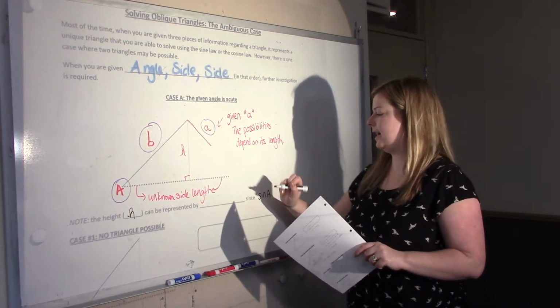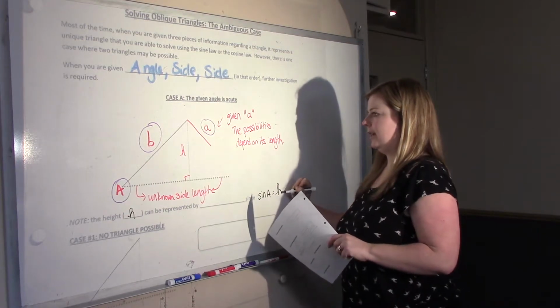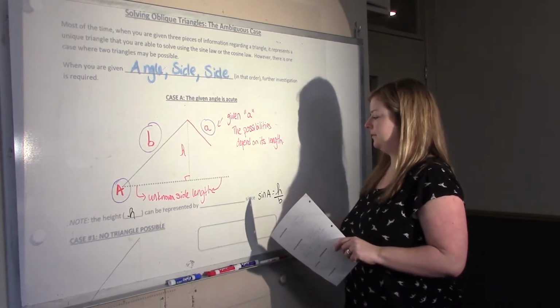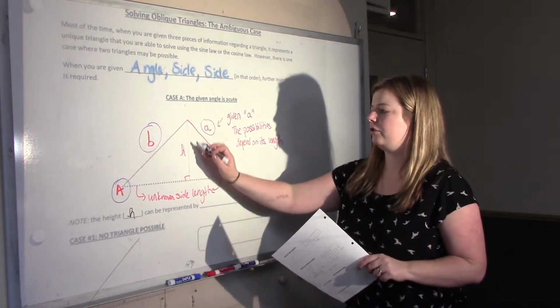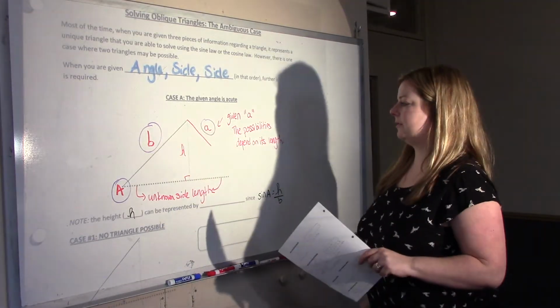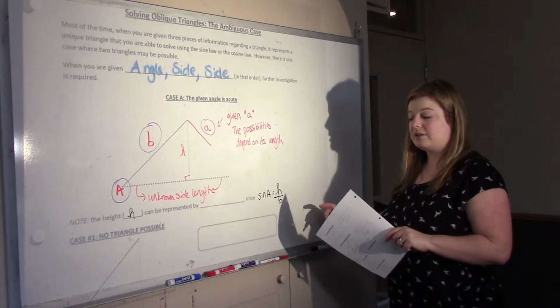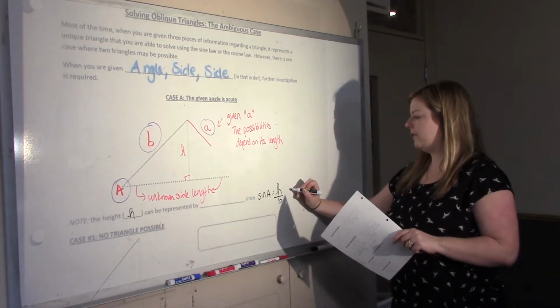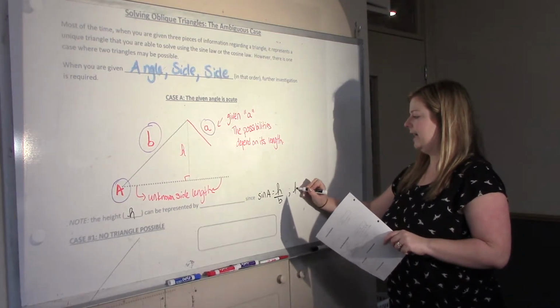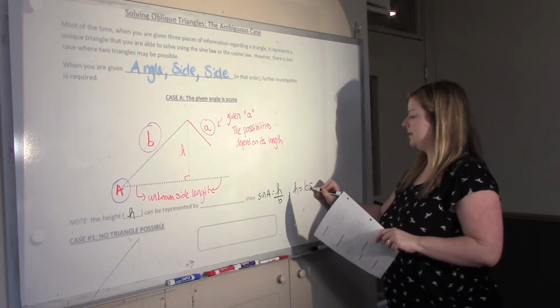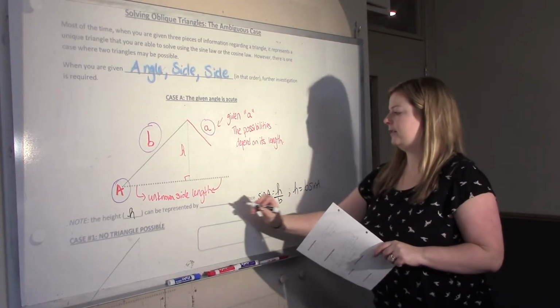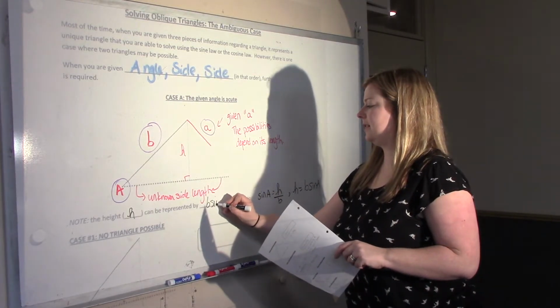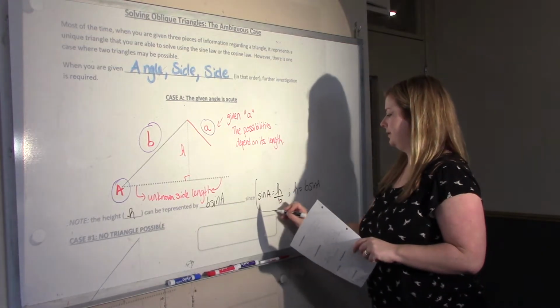So opposite is the height, and the hypotenuse is B. If you're looking at this possible right triangle, then you can use SOHCAHTOA. So if you rearrange this, h is just equal to B times sine A.